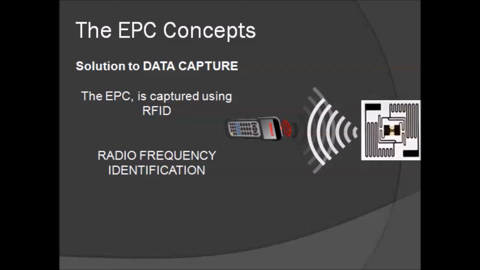So here, if you use the RFID system, the RFID tag will be given a serial number formatted according to the electronic product code method. So when you induct the RFID tag, you can also capture the data from the RFID tag.